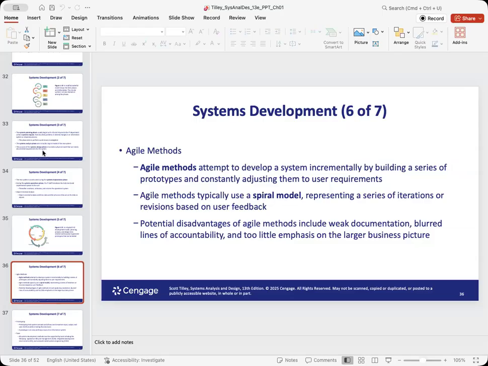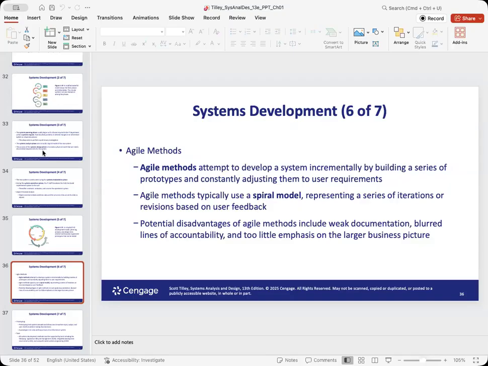So it's like a spiral model. It continues and continues, and agile methods can take time, sometimes a year, depending on the type of system you are building. Now, there is a disadvantage, and that disadvantage is weak documentation, because you don't really know the entirety of the system.